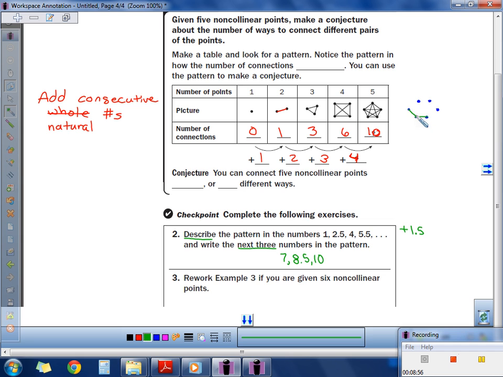We have 1, 2, 3, 4, 5, 6, 7, 8, 9, 10, 11, 12, 13, 14, and 15 connections. Did the pattern hold true? Yeah, it added 5, increasing by consecutive natural numbers. Good job.